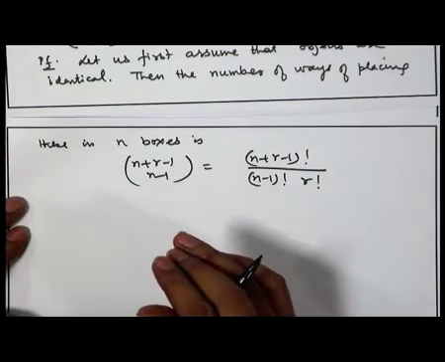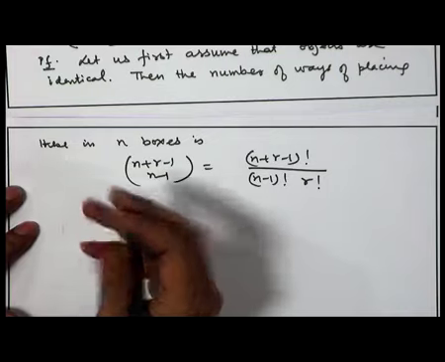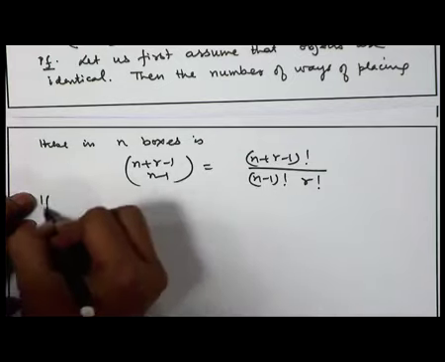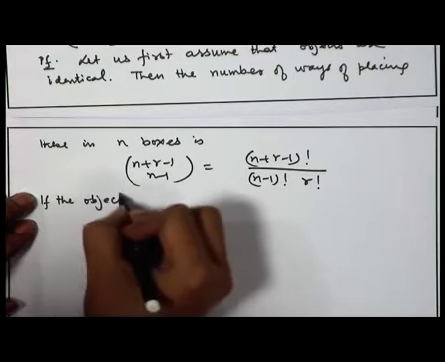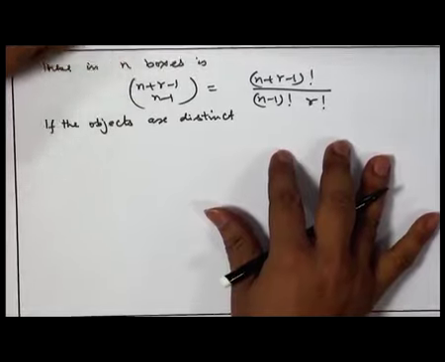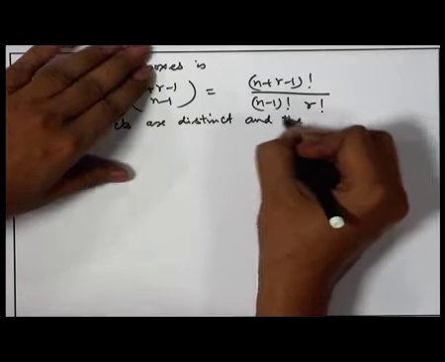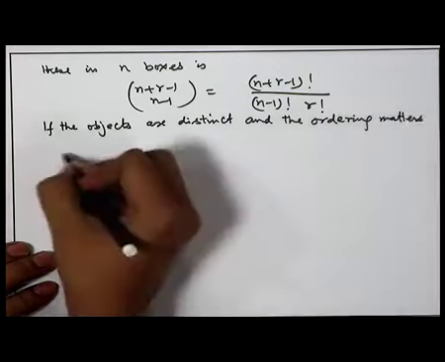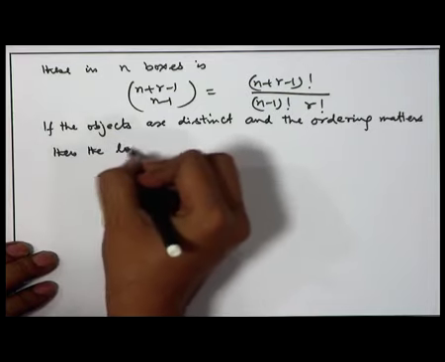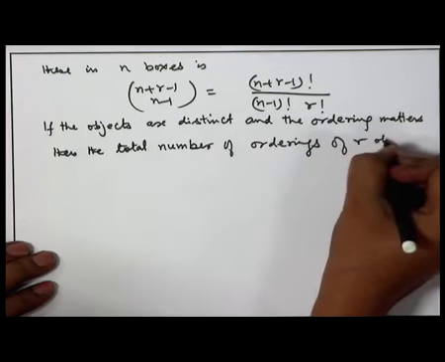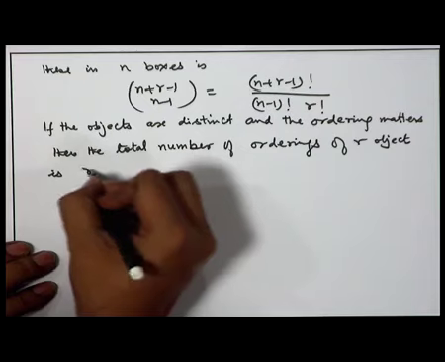Now, if the objects are distinct and the ordering matters, then the total number of orderings of r objects is r factorial.